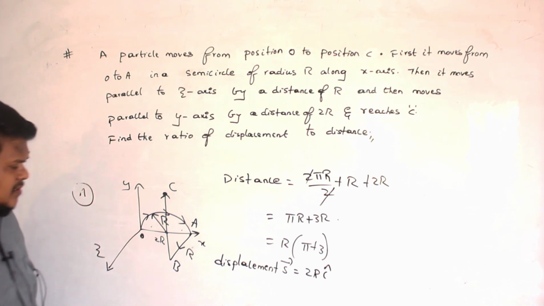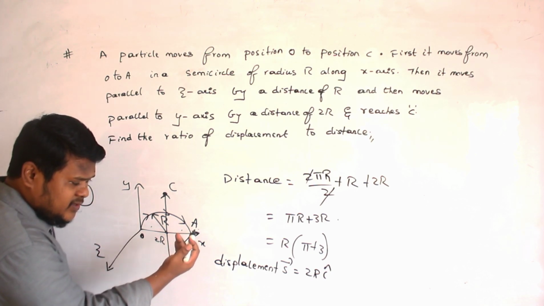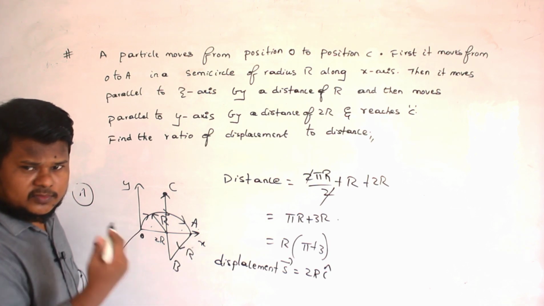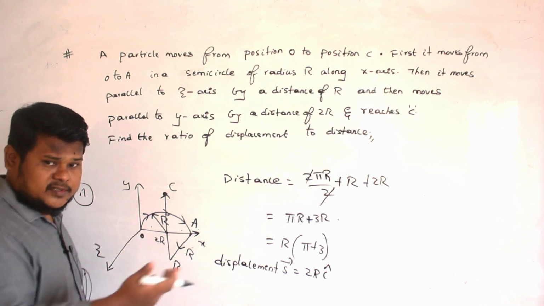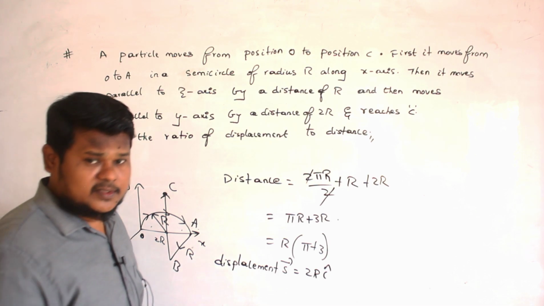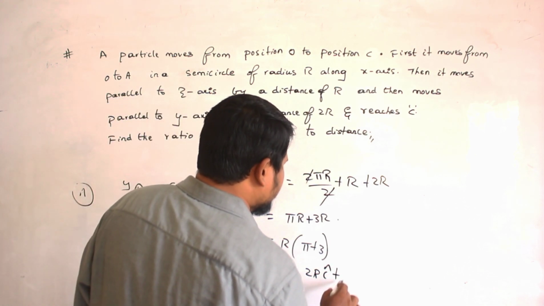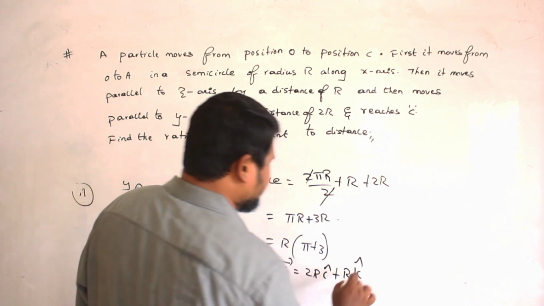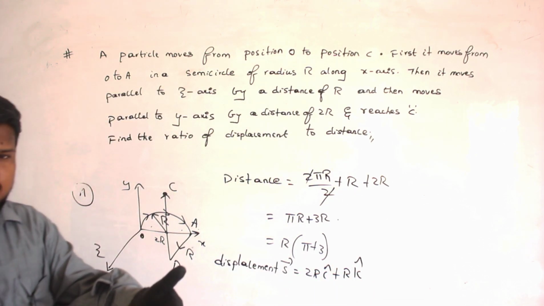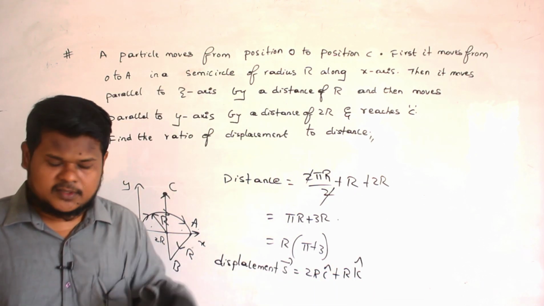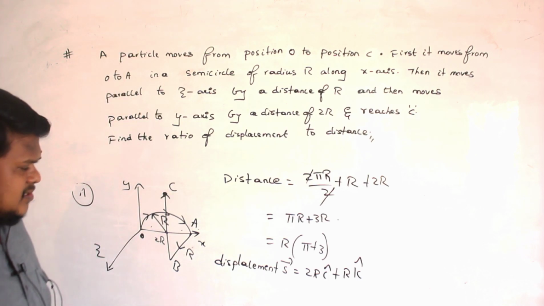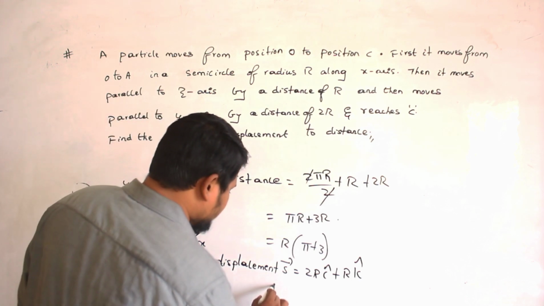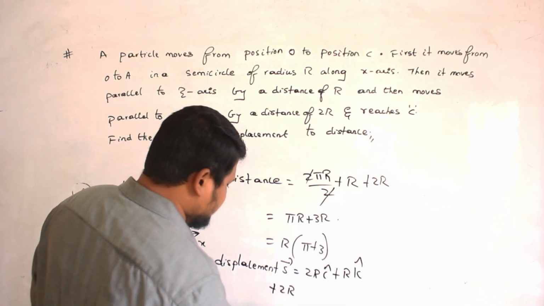Clear, no? Then from here again he is traveling towards z-axis, no? On z-axis how much distance? r distance. That one, how can I write in the form of vectors? I will write r k cap. K cap is the unit vector along z-axis only, no? Then from here again he is traveling towards y-axis. That one, how can I write? 2r j cap.